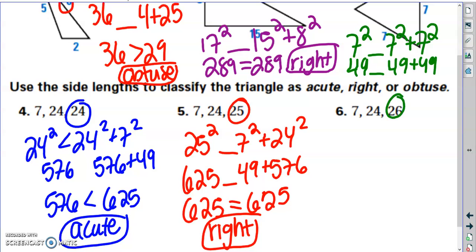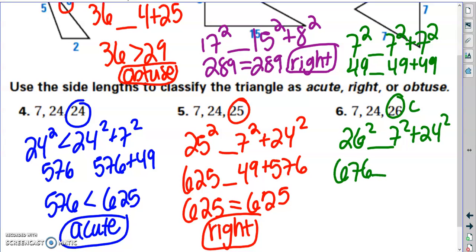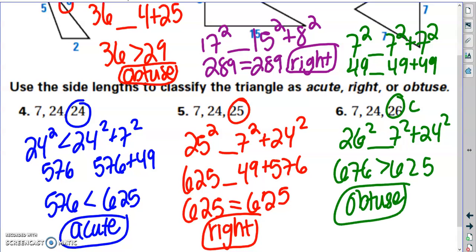And again, my longest side here is c, so 26 squared is what to 7 squared plus 24 squared? That 676 is what to 625? It is greater than, which makes it an obtuse triangle.